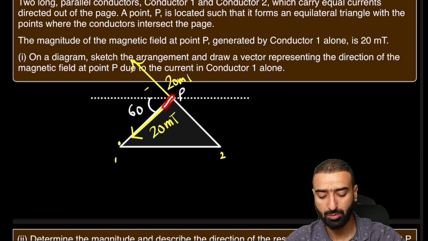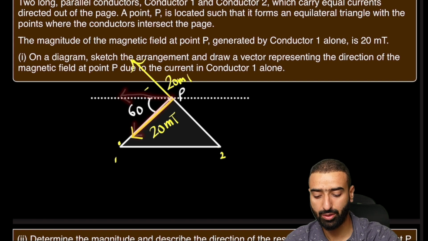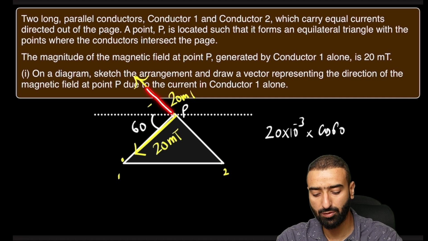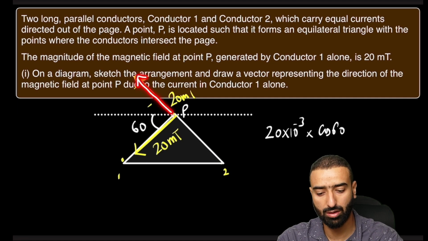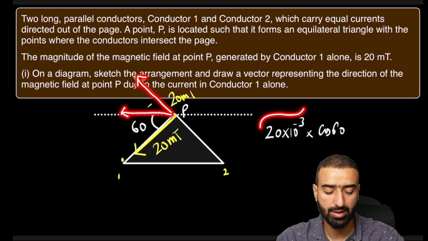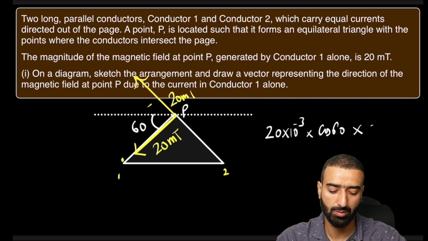I'm going to take the component of this vector along the horizontal. That's going to be 20 millitesla times cosine 60. We can do the same with this vector. We can break it along the horizontal, and that horizontal component would be the same term, 20 cosine 60. This term must be multiplied by 2.